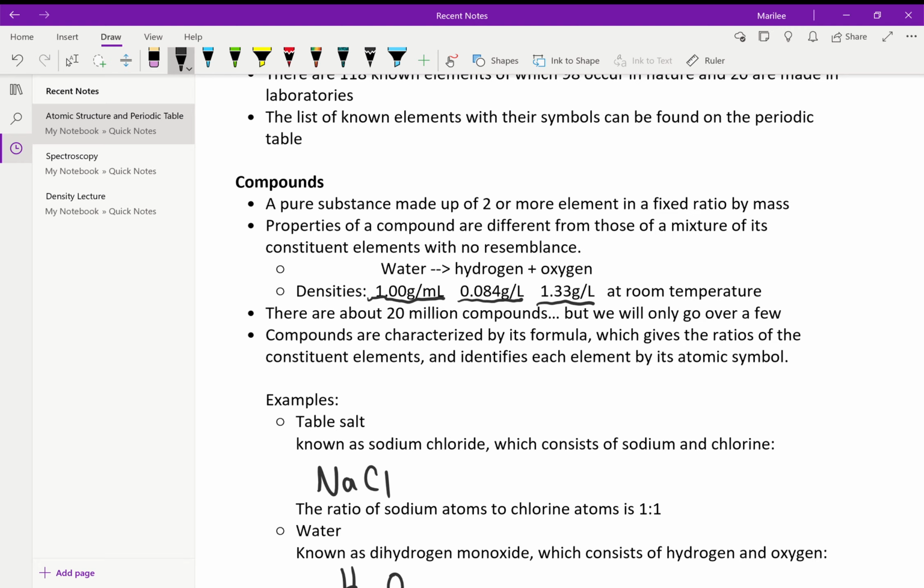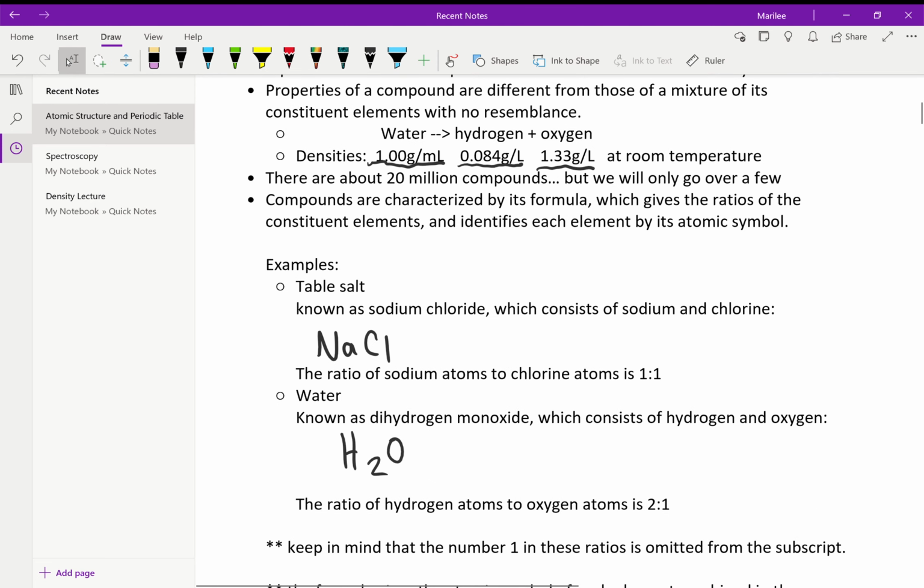So there are about 20 million compounds, but we will only go over a few of them in our class. We characterize compounds by their formula. This formula gives you the ratios of the constituent elements and identifies each element by its atomic symbol. Let's do an example here.